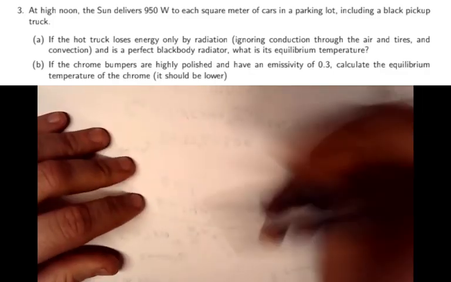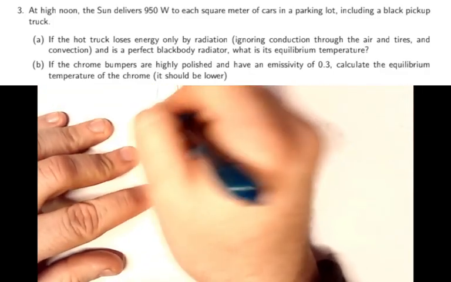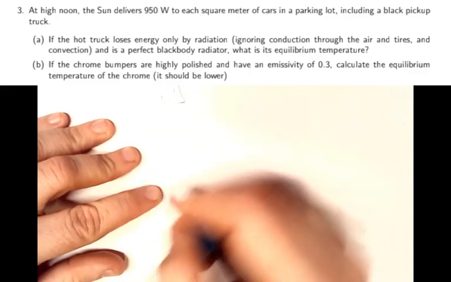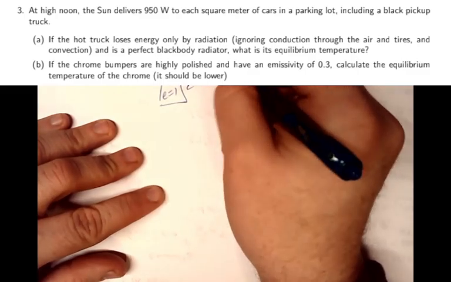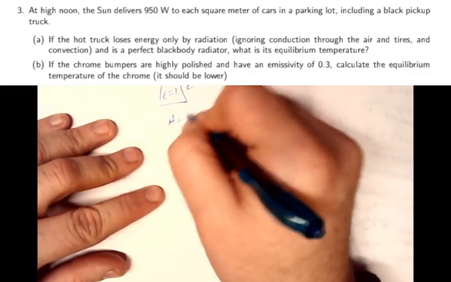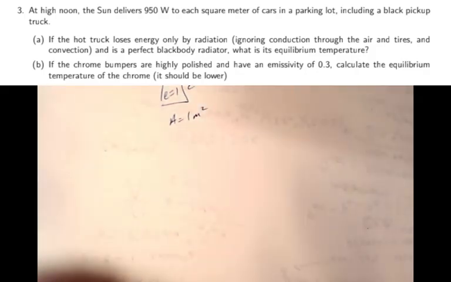I have one object, E equals 1, and it absorbs 950 watts. And we'll say its area is 1 meter squared, which is what I intend. A pickup truck is obviously larger than that, but it's 950 watts per square meter. So if it's 10 square meters, then it's 9,500 watts.